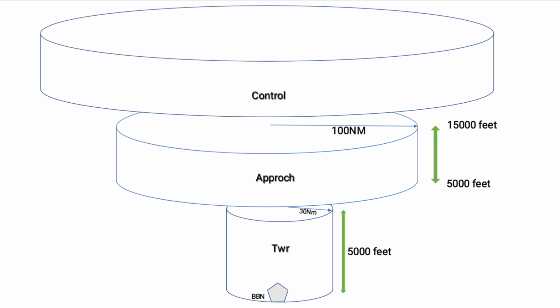The next controller is TAR. His airspace starts from the runway, and the top vertical limit is 5,000 feet and horizontally 30 nautical miles. Then from 5,000 feet up to 15,000 feet, beyond 30 nautical miles and within 100 nautical miles, is the airspace given to approach control. Then above 15,000 feet is the airspace given to control.